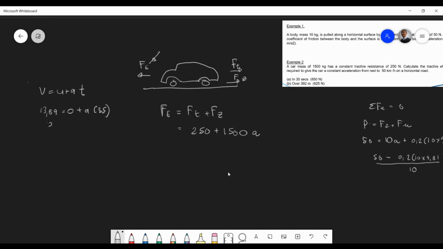So if we simply get this, we should get 13.89 divided by, sorry, by 35. I got 0.3968 meters per second squared, which looks good.